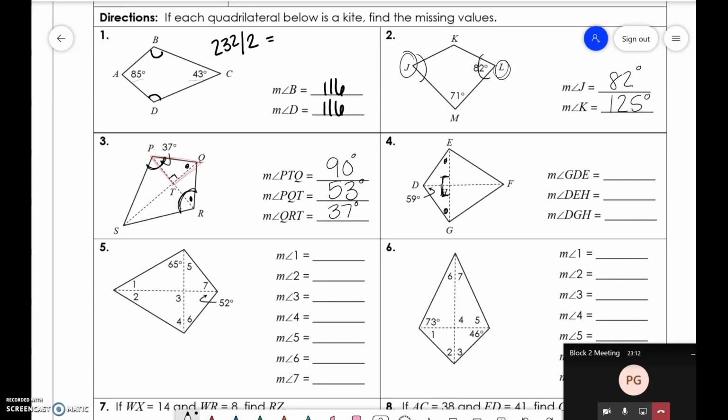So we would do 180 minus 90 minus 59. So this angle here is 31 degrees. DGH we just found was 31 degrees. They're the same. So this angle is going to be 180 minus 90 minus 31, which is 59. And then if we're finding GDE, we have to do 59 plus 59, which is 118.